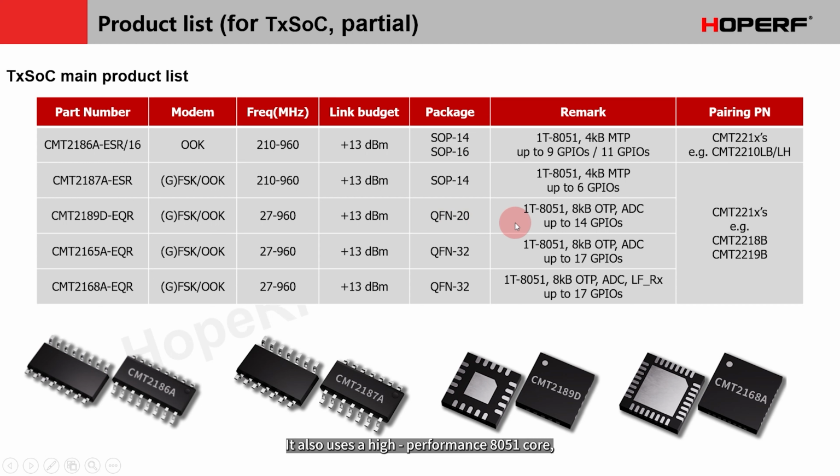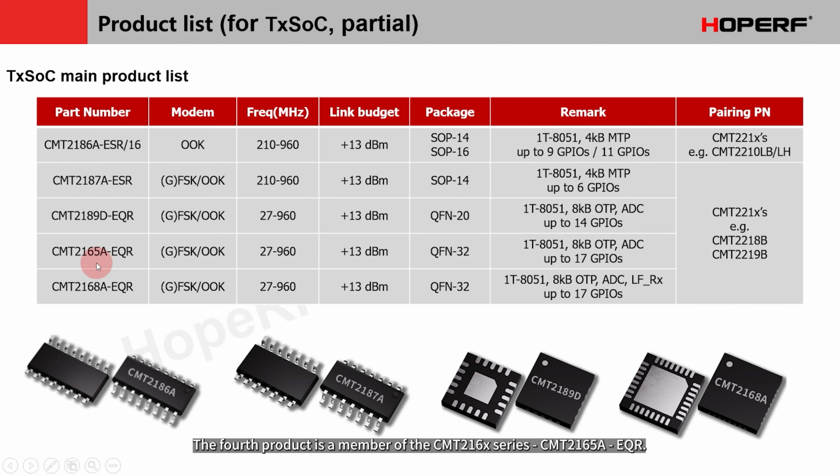It also uses a high-performance 8051 core. What distinguishes it from the above 2 chips is that it uses 8 kilobytes OTP storage space. Thus, it can support a maximum user code size of nearly 8 kilobytes. It also has a 12-bit multi-channel ADC, supporting up to 16 independent I/O ports.